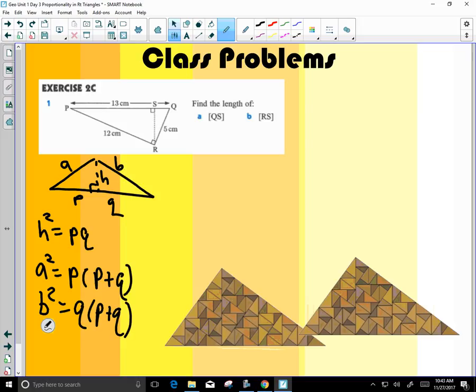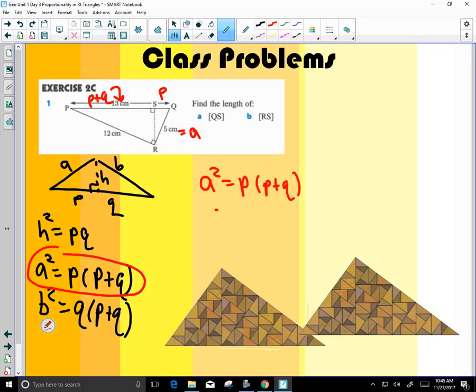So it says, find the length of QS and RS. Probably the only one that's going to work is this middle one, if you called this A and this one P and this P plus Q, right? So I would say that A squared equals P times P plus Q.